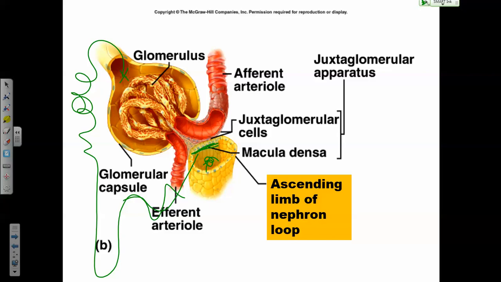Let's say filtration rate for one reason or another has slowed down. Do you see how ion concentrations then will be less at this point? The example I give you in your book is chloride ions, but it's other ions too.